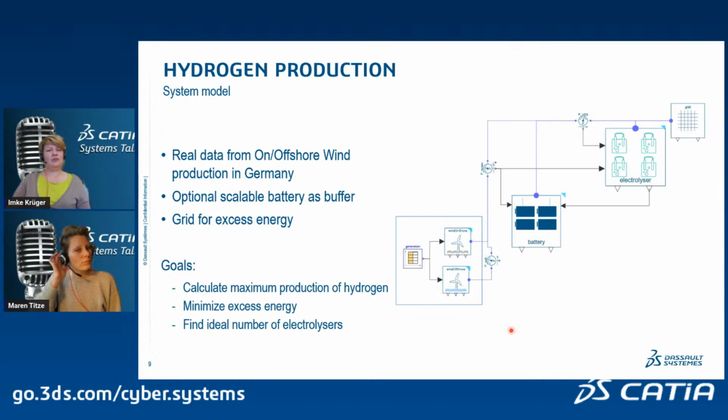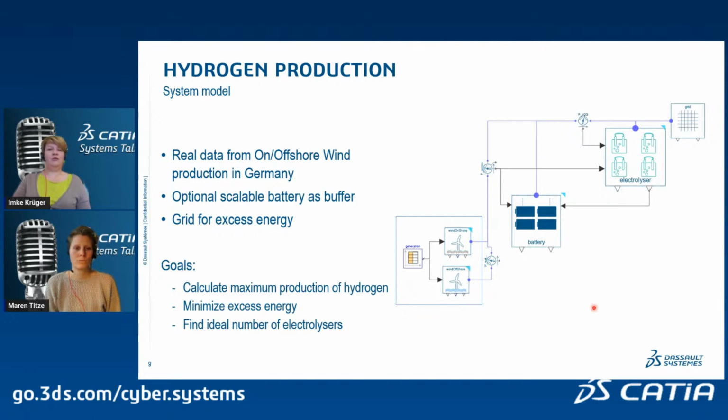So if the wind energy is too high, excess energy for the electrolyzer, the energy can be stored in the battery. And if the wind is not blowing, for example, which can happen from time to time, then we can use the energy stored in the battery to support the supply of the electrolyzers. Energy that cannot be used by the electrolyzers or the battery, because the battery is full and we are already at maximum power for the electrolyzers, is going to the grid.